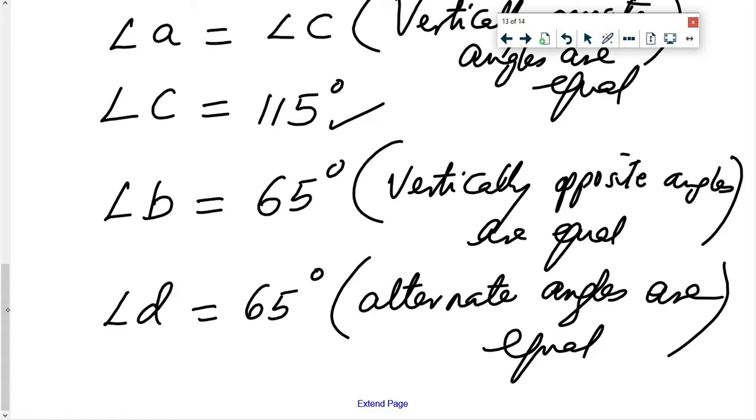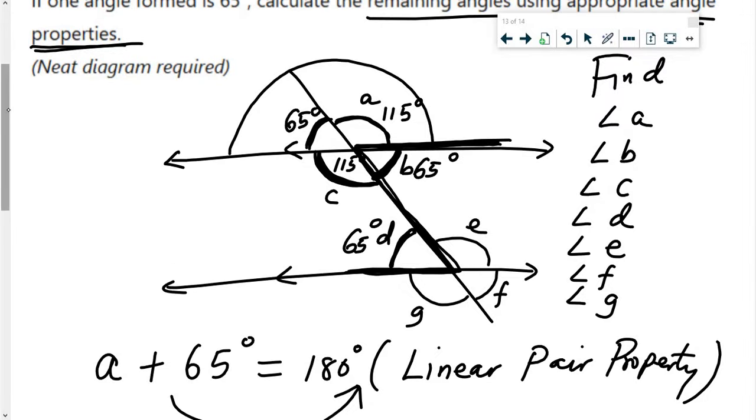All right. Now, if this angle is 65, also this angle is 65. How about this angle? This is angle D. How about angle F? Vertically opposite angles are equal. So even angle F and this angle here are equal.